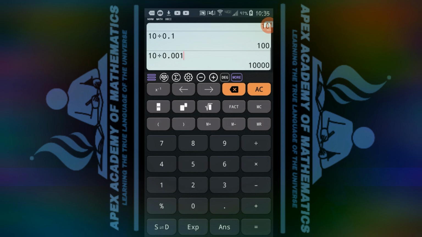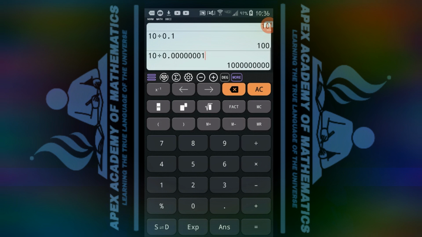So if I were to say, for example, 10 divided by 0.000000001, you can see here that this is 1 billion.